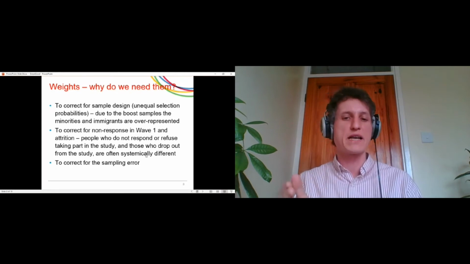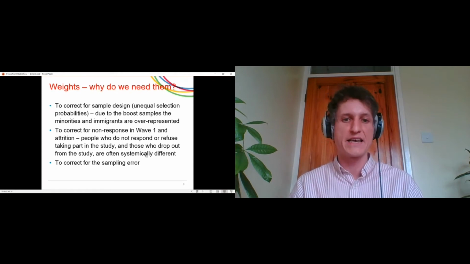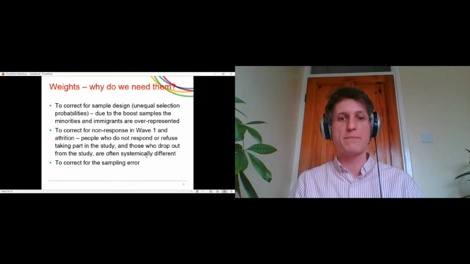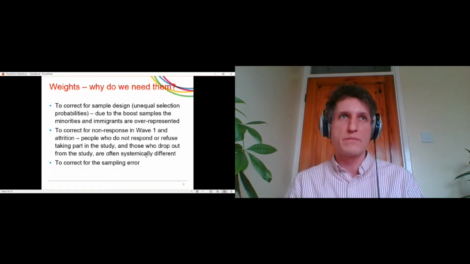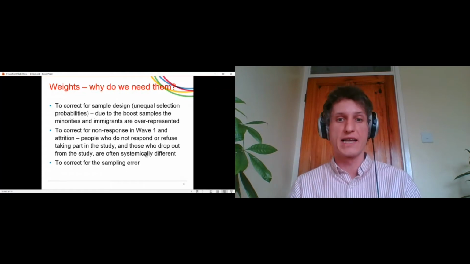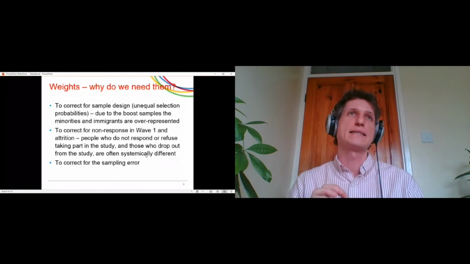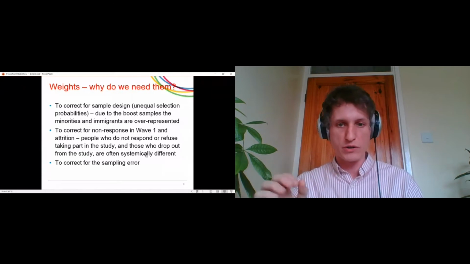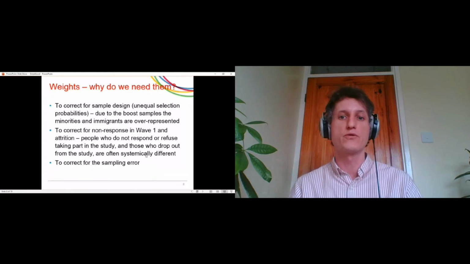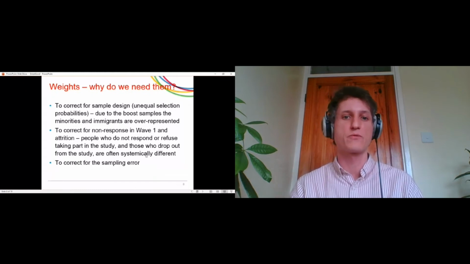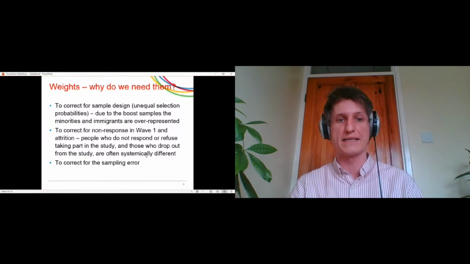On average, many of these ethnic minorities earn less. So what happens is that in our sample, you have more people than you would have in the population who earn less. So obviously, the estimate for the whole UK would be underestimated because you have too many people who earn less. That's basically how this works, and that's why you need to weight and to correct for that.